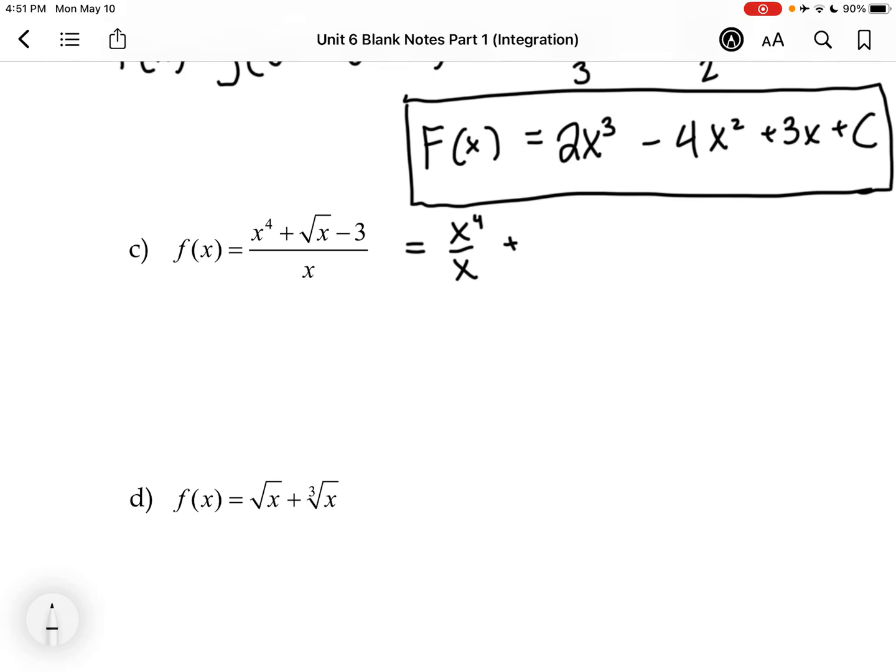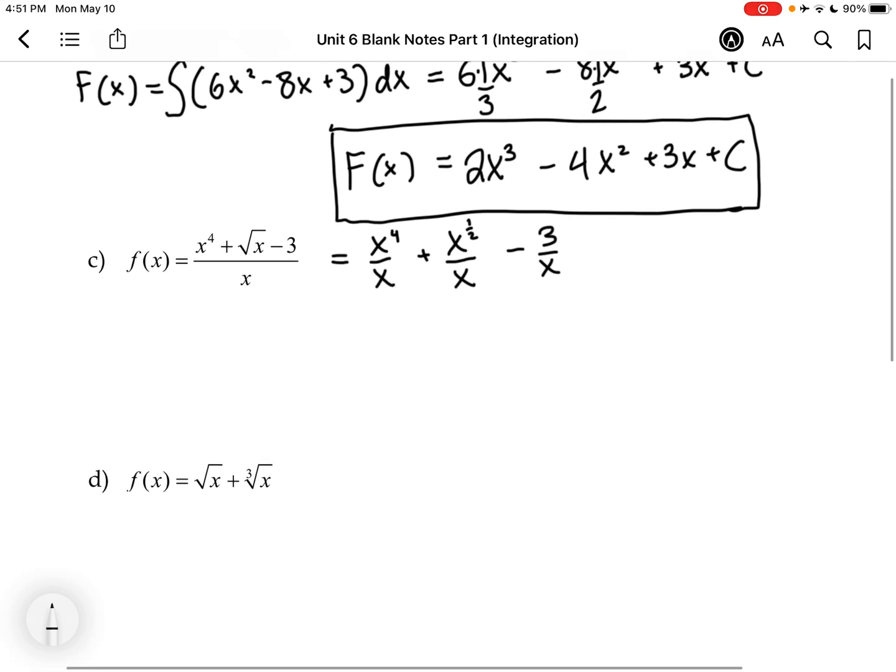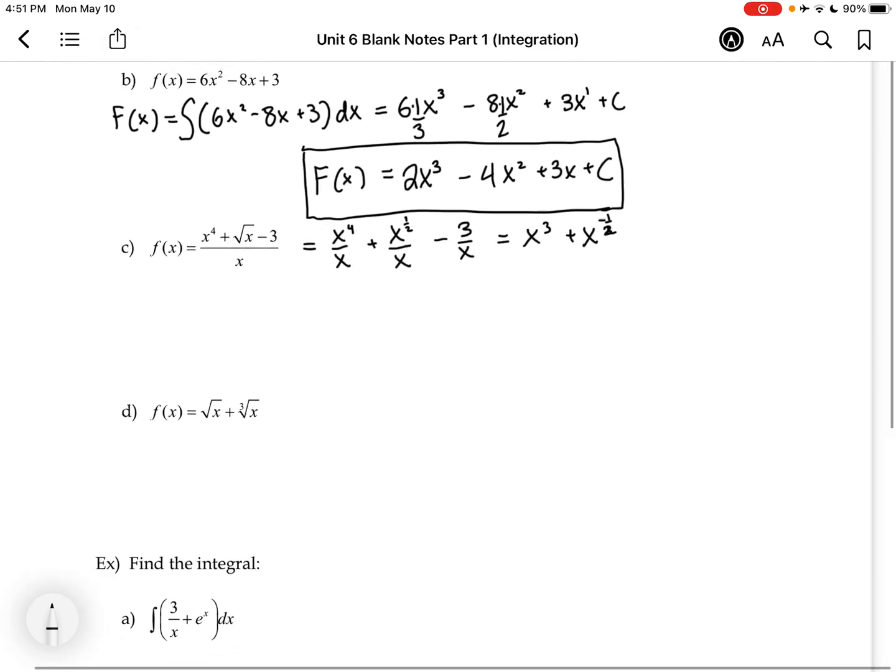And remember, the square root of x is x to the 1/2 over x minus 3 over x. Okay, and that can be written as x cubed, and then x to the 1/2 divided by x. A half minus 1 is negative a half. So that's plus x to the negative 1/2. And then this minus 3 over x.